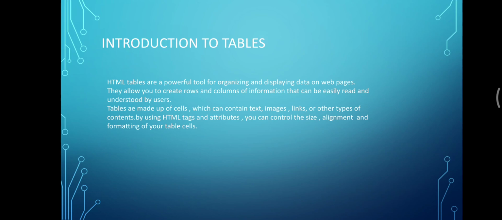Tables are made up of cells which can contain text, images, links, or other types of content. By using HTML tags and attributes, you can control the size, alignment, and formatting of your table cells. As previously I said, whatever you need, text, picture, video, or any other designs or content to be displayed, everything can be done using HTML tags in the front end part.